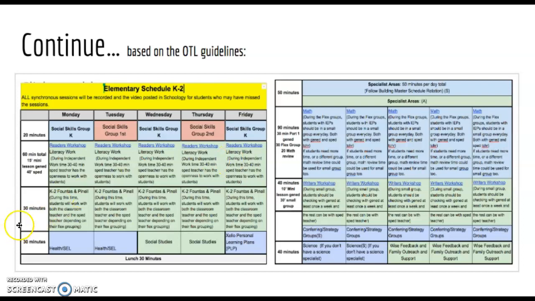For example, during the 30 minutes of skill blocks that the students have, students should be part of a flex group with their general education teacher. So if the student goes with their teacher twice a week in the Gen Ed flex group for skills block, then we have 3 other days that we can work with that student.